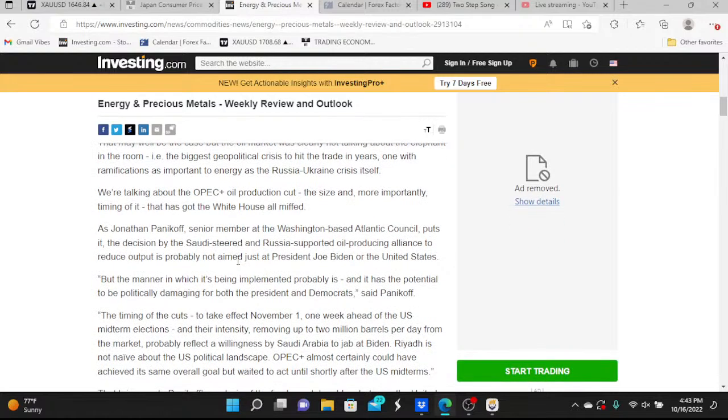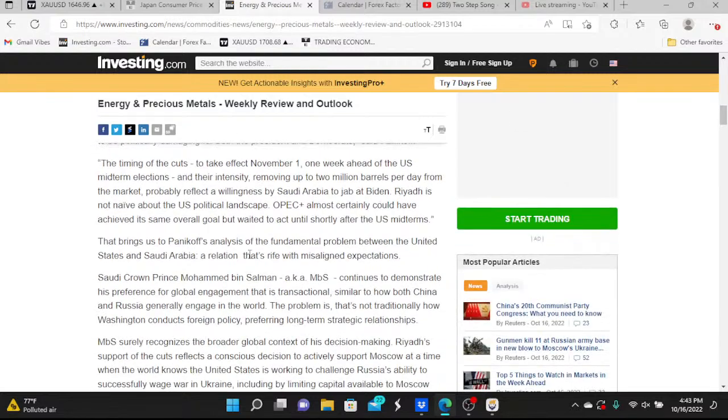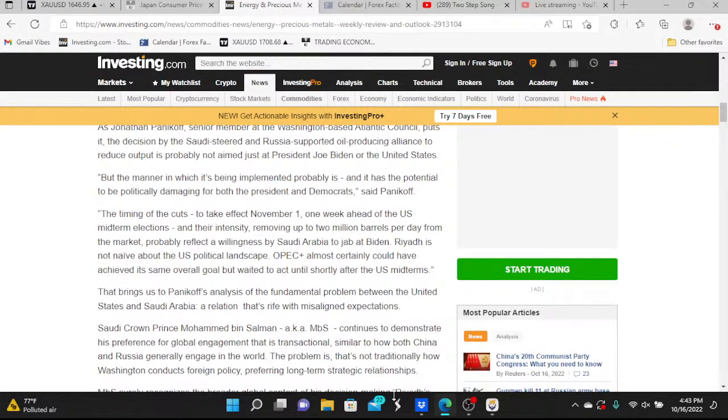As Jonathan Panikoff, senior member of the Washington-based Atlantic Council, puts it, the decision by the Saudi-steered and Russia-supported oil-producing alliance to reduce output is probably not aimed just at President Joe Biden or the United States, but the manner in which it's being implemented probably is, and it has the potential to be politically damaging for both the president and Democrats.